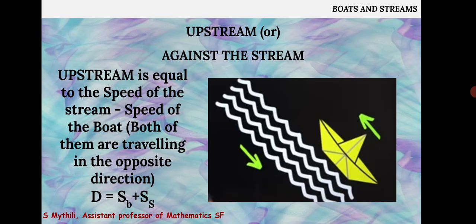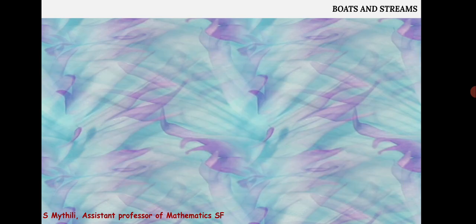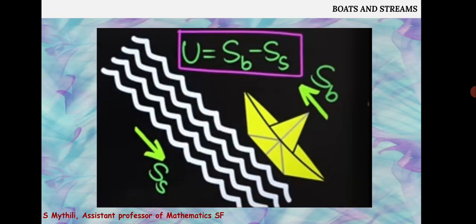Look at the diagram here. Water is flowing downwards and the boat is traveling against the stream. So, speed is going to decrease. Water is going to oppose the boat. So, the upstream speed is equal to speed of boat minus speed of stream. So, from this picture, the upstream term should be clear.